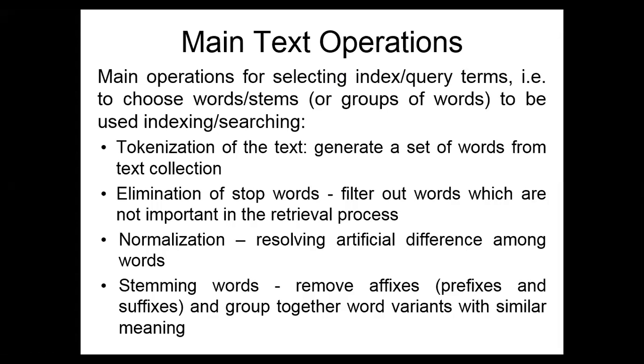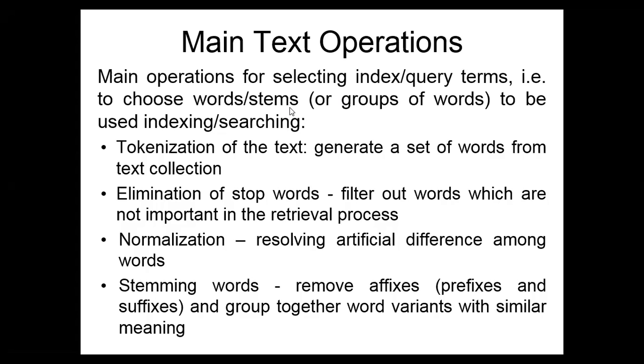So in our last class, we started discussing the text operation part, or text pre-processing, before we use it for searching and indexing. As we said in our last class, IR internally works at word level.